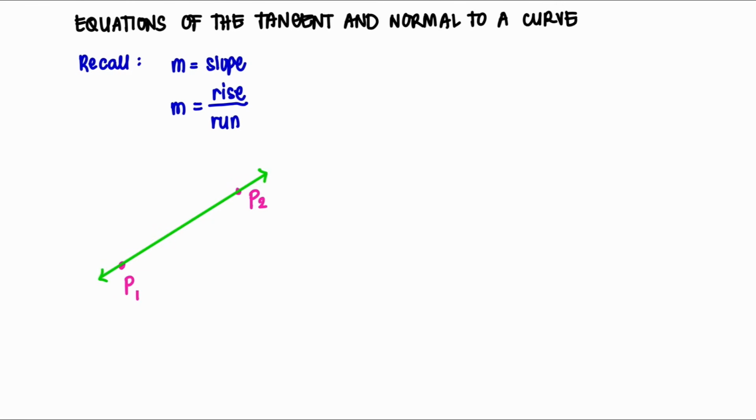So if the coordinates of point 1 are x sub 1, y sub 1, and the coordinates of point 2 are x sub 2, y sub 2, then the slope of this line, m, is equal to the rise. This here is the vertical distance between point 1 and point 2.